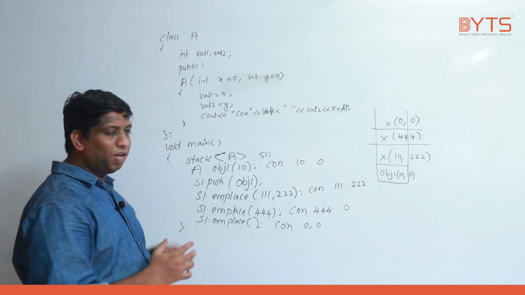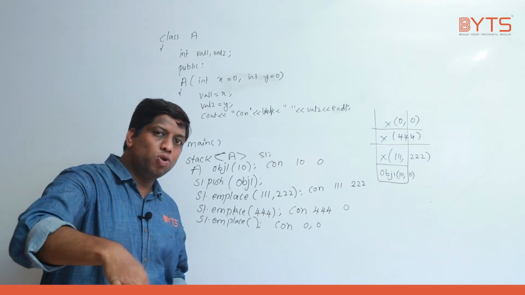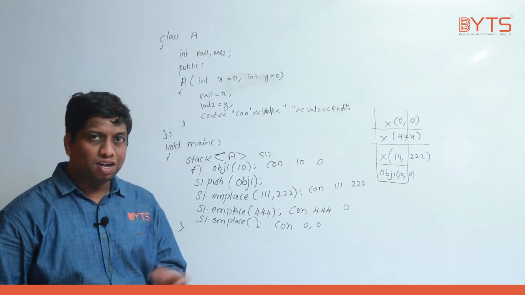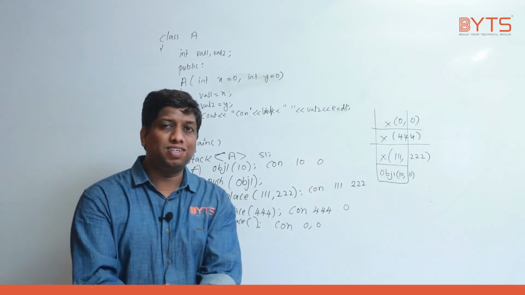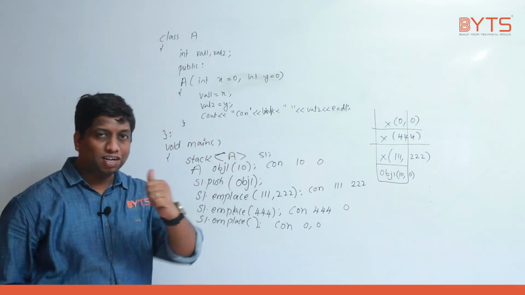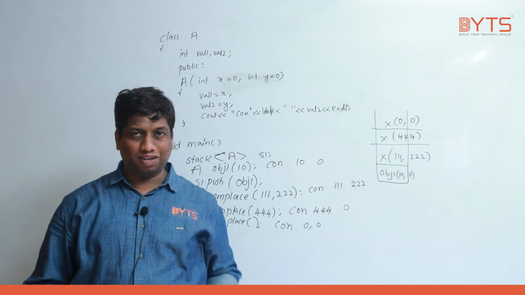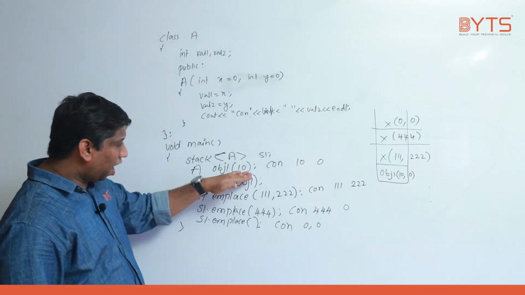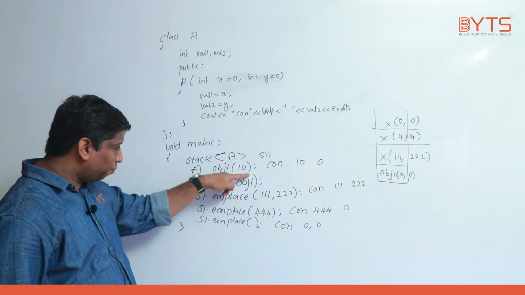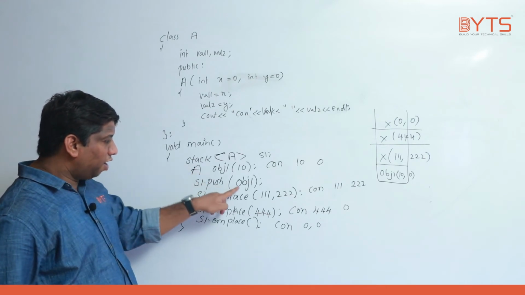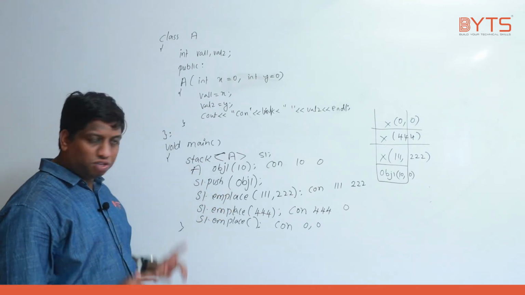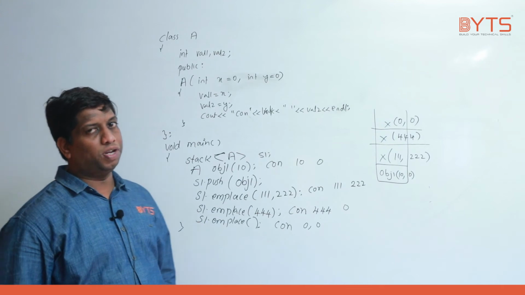But if you use emplace, the compiler itself will create the object and push it. What is the proof that the object is created? The constructor is invoked when an object is created, right? See here, I created the object, the programmer created the object and pushed. But in the last 3 statements, the system is creating the object and pushing.